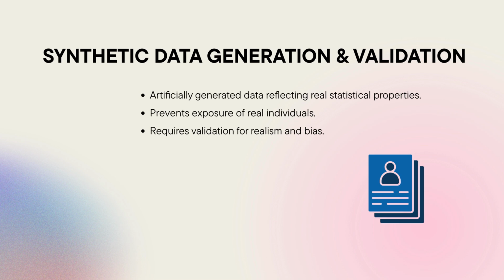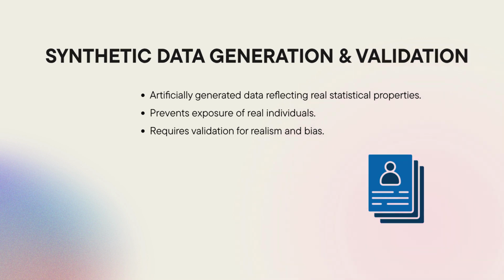Poorly generated synthetic data may fail to reflect real-world variance or introduce bias. Validation checks such as distribution matching, outlier detection, and bias testing ensure utility and fairness. When done correctly, synthetic data allows teams to innovate faster, collaborate securely, and uphold privacy commitments across AI pipelines.